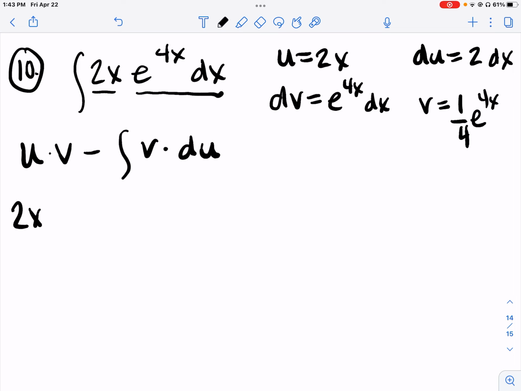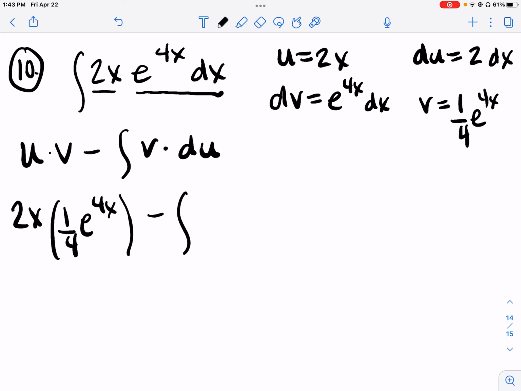U is 2x, v is 1/4 e to the 4x, integral of v and du is 2 dx.